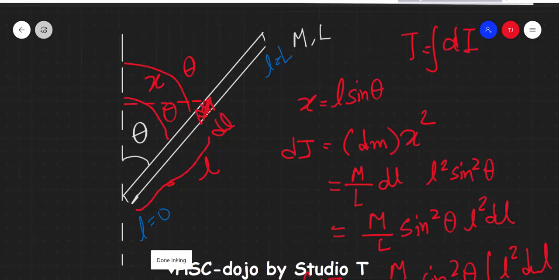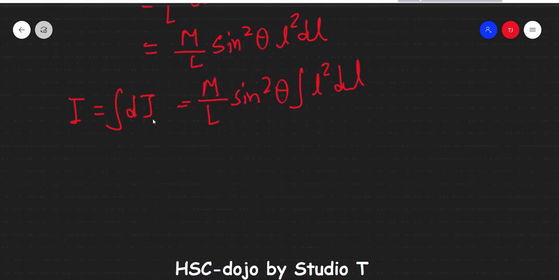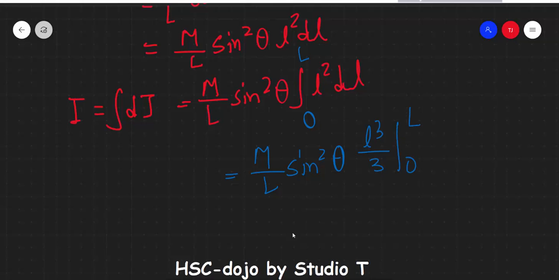So we have from 0 to capital L, m by l sine square theta, and after integration we will have l cube by 3, and we plug in the limits. So our final answer is m by l sine square theta capital L cube by 3.